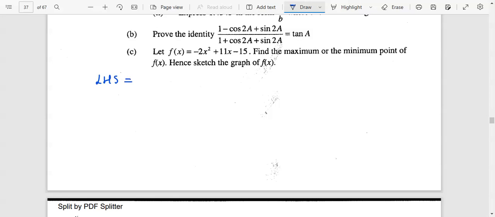Anyone? I hope you are able to get me. I'm asking anyone who knows a double angle identity for cos 2a. Any double angle identity that you know for cos 2a. First, do you know any?